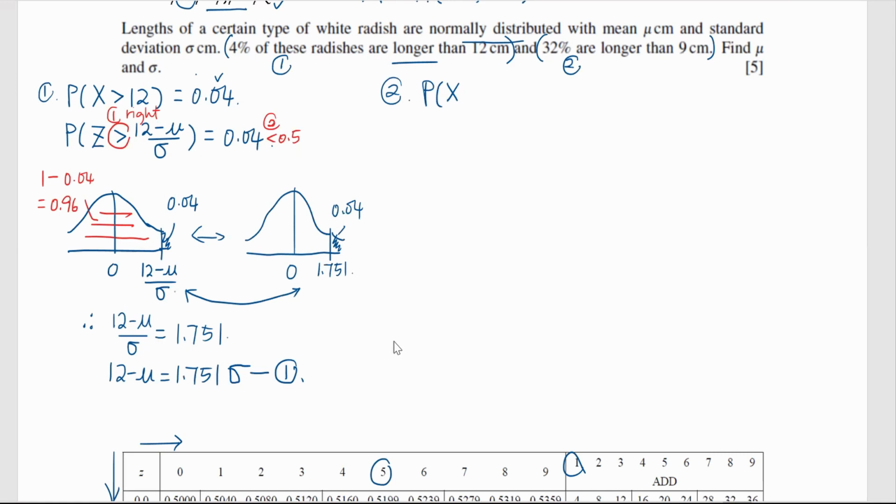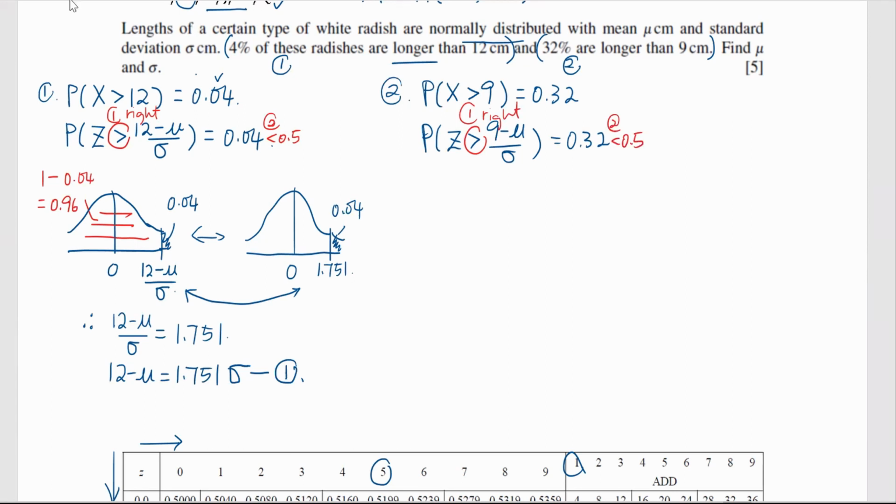So 32% are longer than 9 cm, so the probability is 0.32. You can tell that this is the same as what we had just now. Let us standardize first. First, the direction is greater than, to the right. Second, less than 0.5.